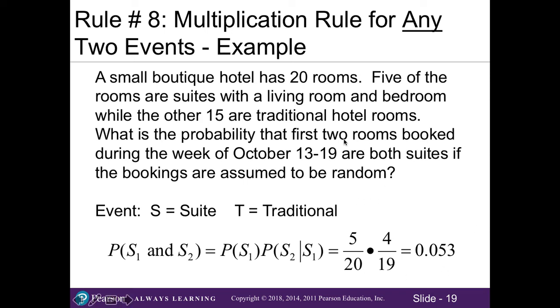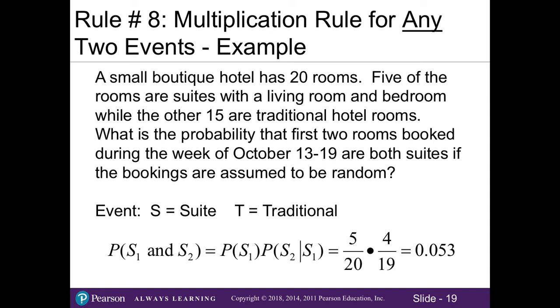Now, because we want to know about 2 rooms, we have to multiply it for the second event, which is the second booking. We now change our numbers. Because the first room is already booked, we have to take it out of our possible outcomes. So in this case, now that we have 1 suite already booked, that leaves me with 4 suites still available to be booked.